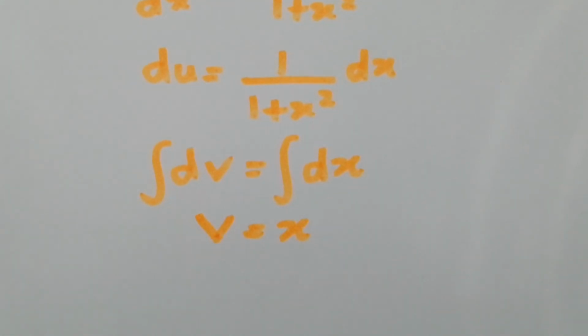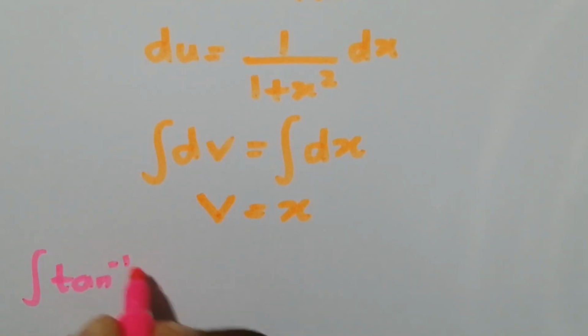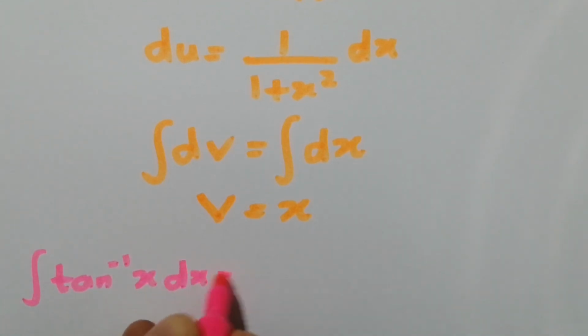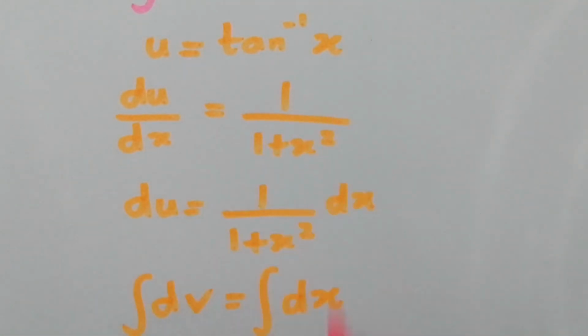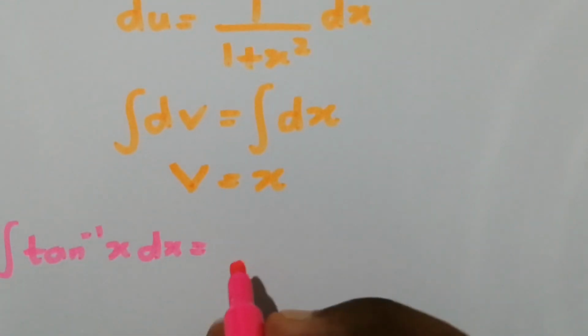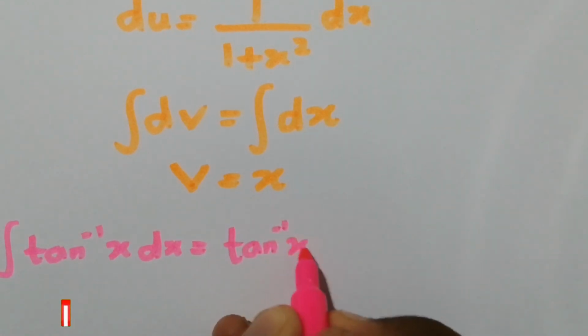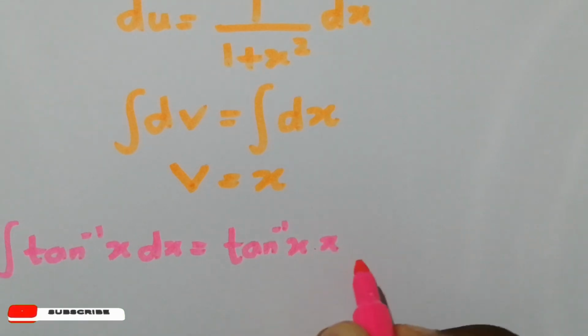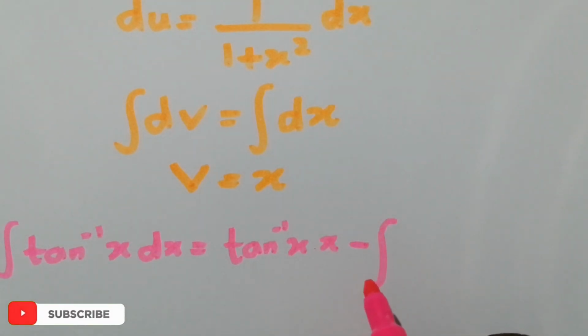Now by using the formula, I can write integral of tan inverse x dx will be uv minus integral v du. U in here is tan inverse x times v is x. Then tan inverse x times x minus integral v du.